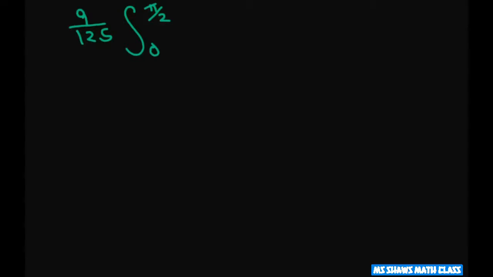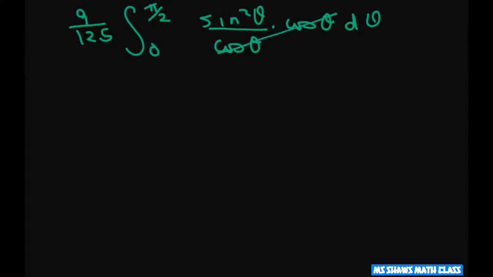And then when you clean up the cosines, sine squared theta divided by cosine theta times cosine theta d theta, these cancel out, and so you're just left with sine squared theta d theta.